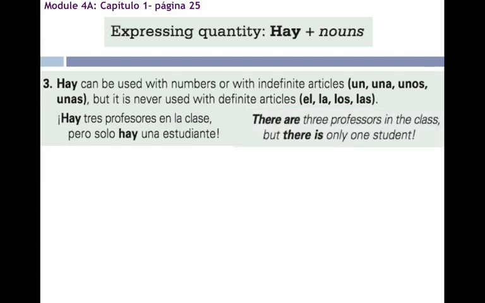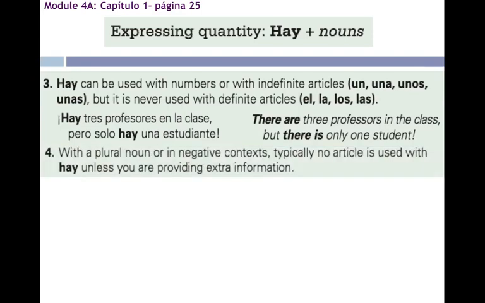There are 3 professors in the class, but there is only 1 student. So you're noticing how hay is used with numbers, 3, and with an indefinite article, una, not with el, la, los, or las. With a plural noun or in negative context, typically no article is used with hay unless you are providing extra information. So let's take a look at how this works.